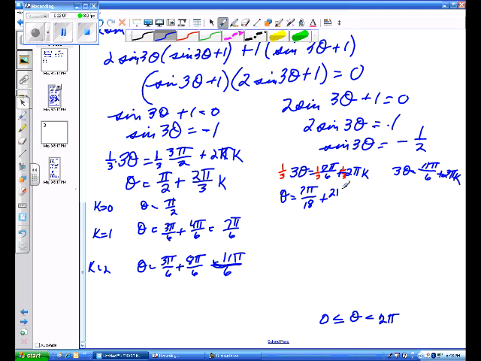So we would have 7 pi over 18 plus 2 pi over 3 k. And then you would have to go through and list them. You'd have 7 pi over 18, and then you would add 12/18 to that, and then add 24/18 to that.